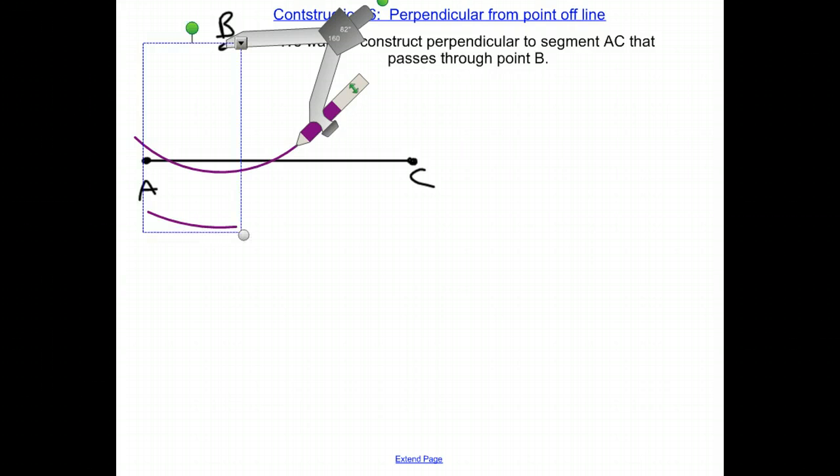Notice here I have two intersections on the segment AC. I have one right there and the other one right there. So that is step one.